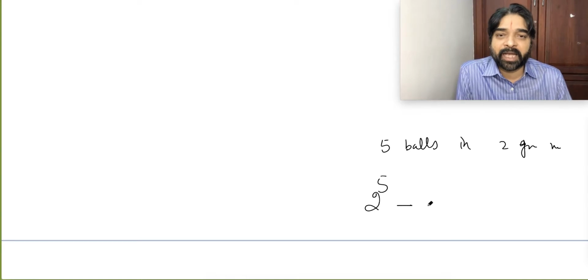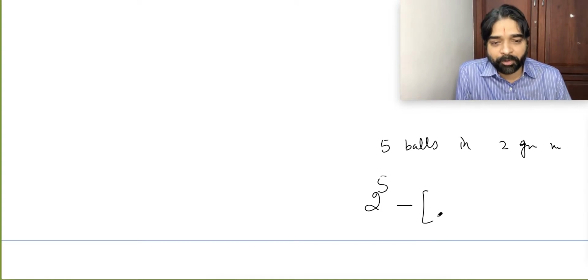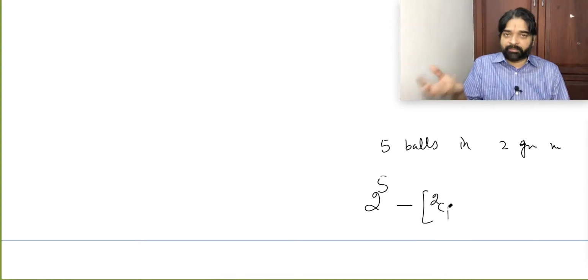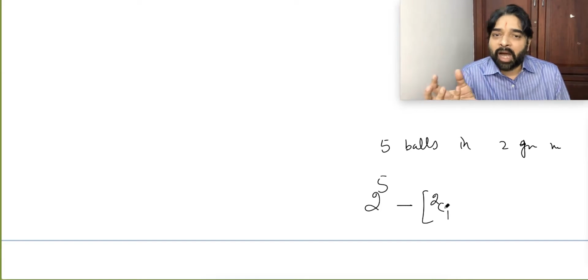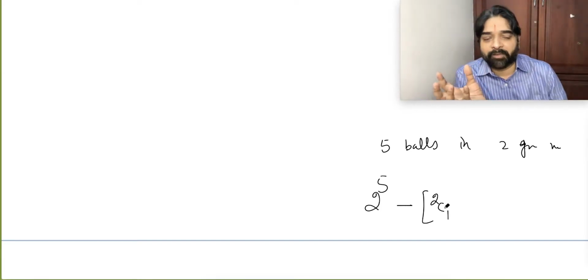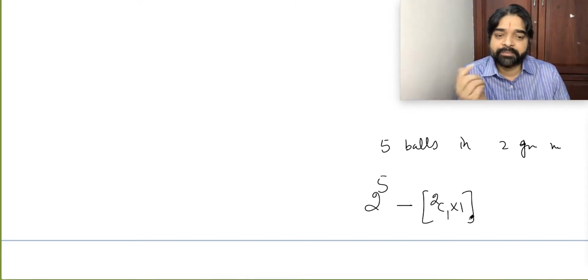What is the case I don't want? I don't want the case when one empty group is there. Yes or no? So one empty group, how can it happen? 2C1, I selected that group and throw it out. Now only 1 box left. 1 box, 5 balls have to be placed in that 1 box. One way.